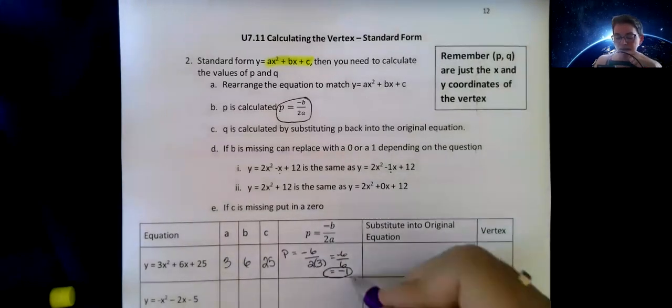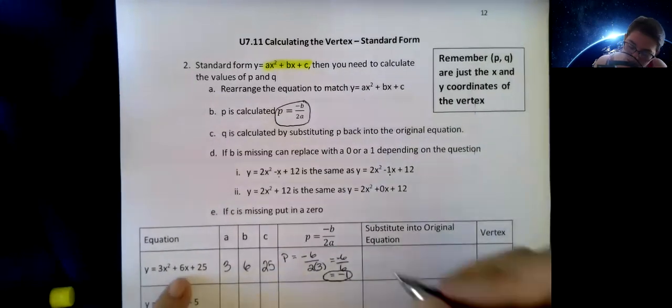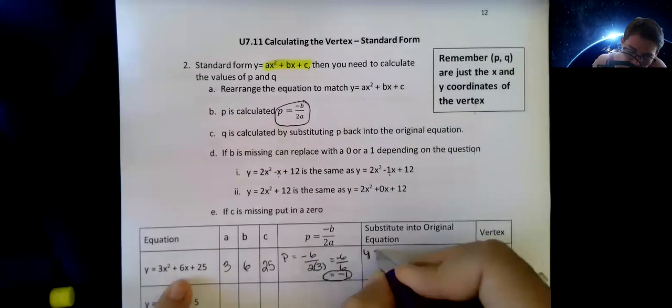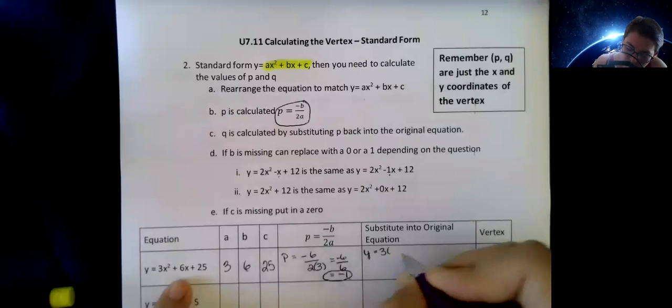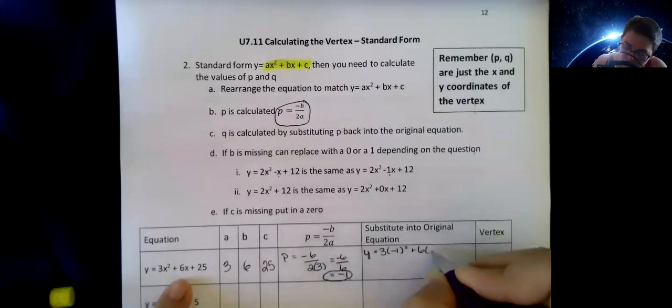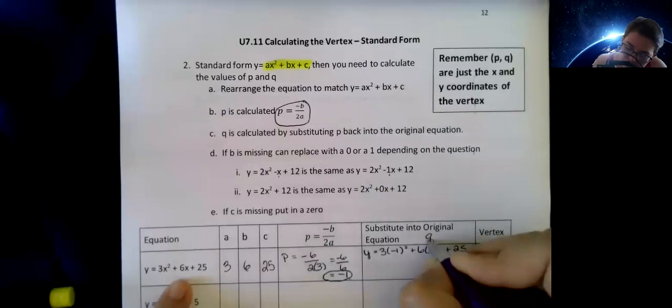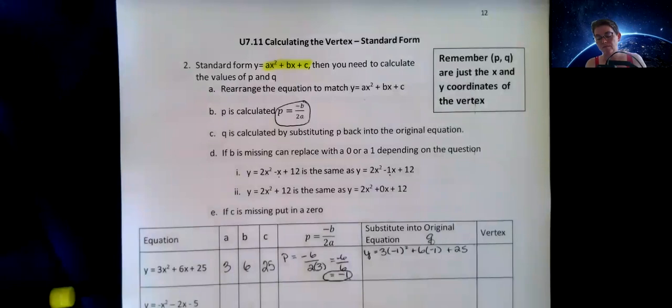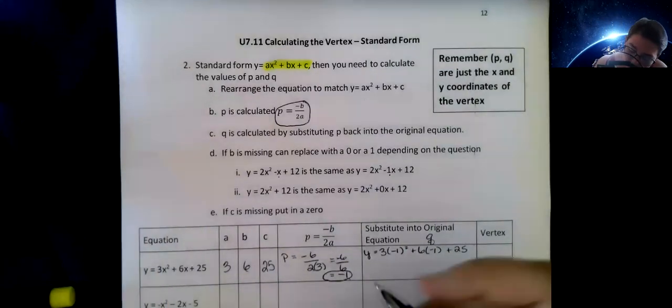So once we have that answer, now we substitute it into y equals 3 times negative 1 squared plus 6 times minus 1 plus 25. This is giving us our q value. If I had more room, I would rewrite my original equation, but it's just over there.